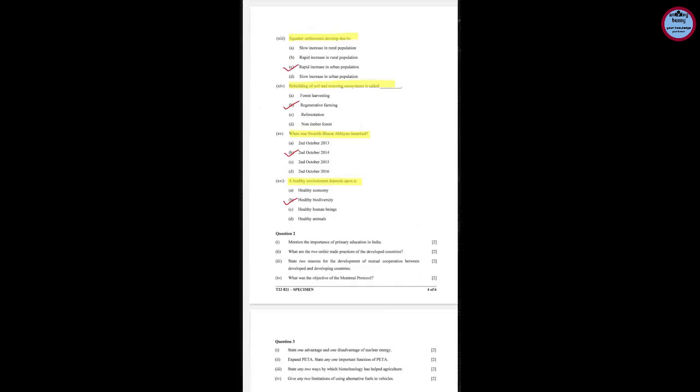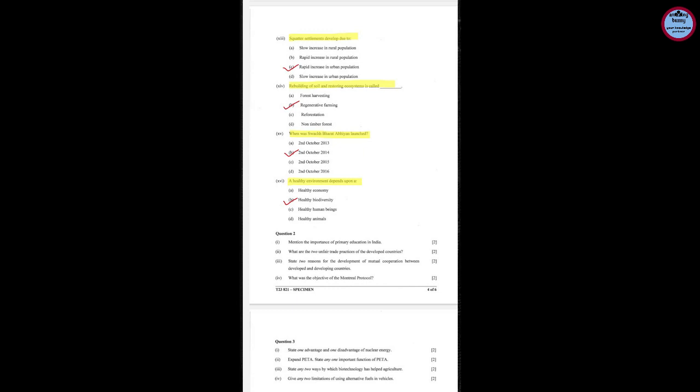Next question is, squatter settlements develop due to: slow increase in rural population, rapid increase in rural population, rapid increase in urban population, slow increase in urban population. So the correct answer is rapid increase in urban population.